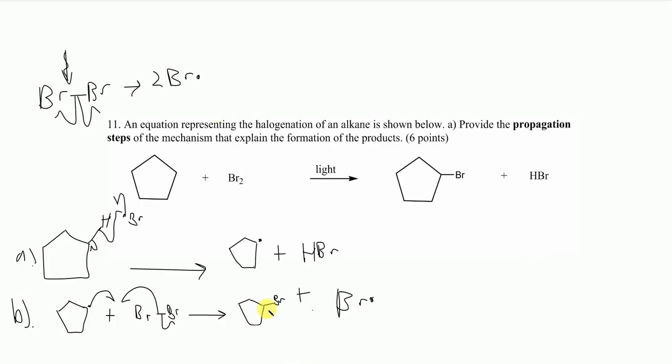So we either have Br reacting with a Br radical, or we have our molecule reacting with a Br radical, not the Br2. Or the bad one, another bad one that we don't want is our molecule reacting with itself.